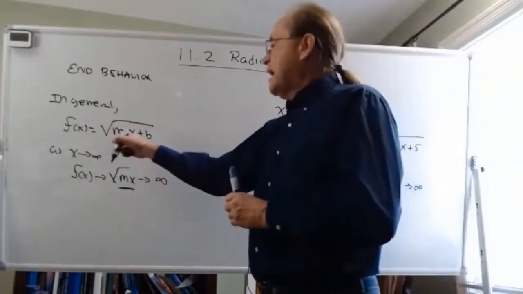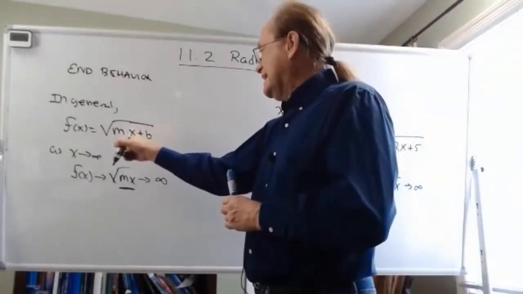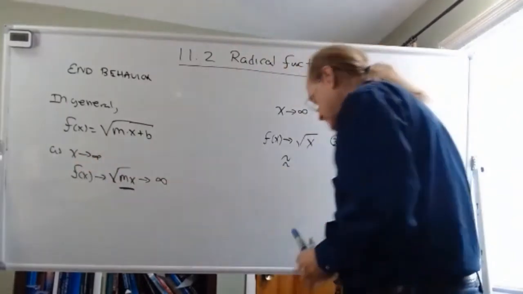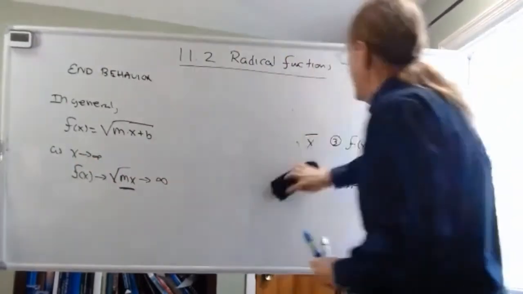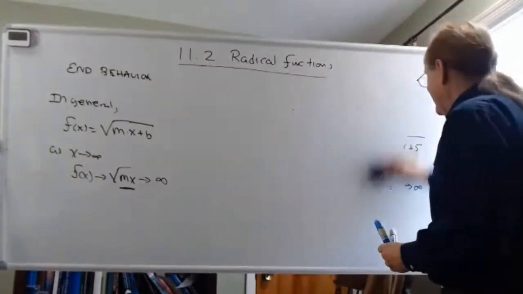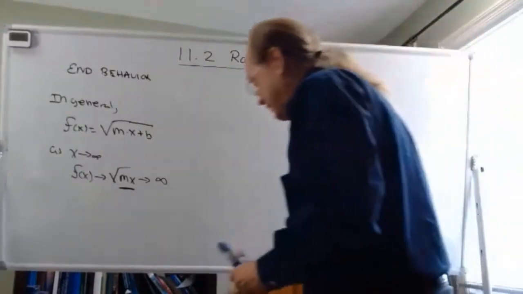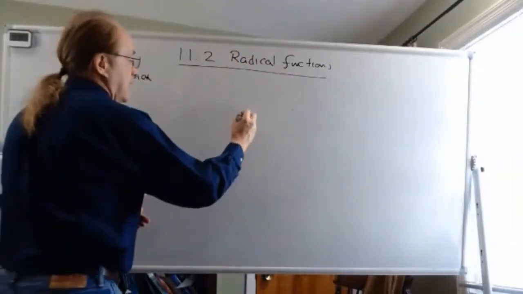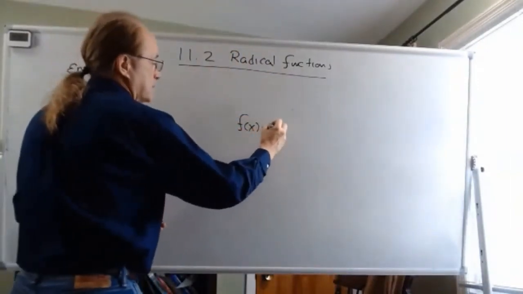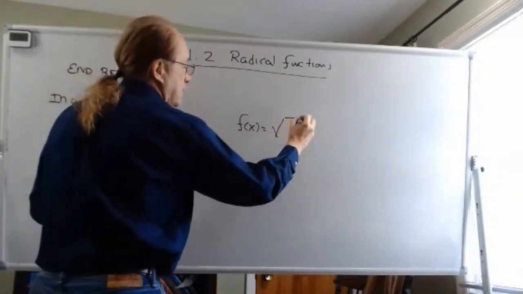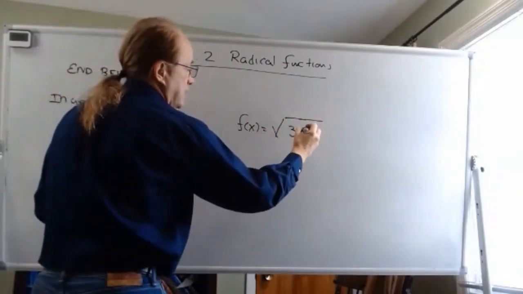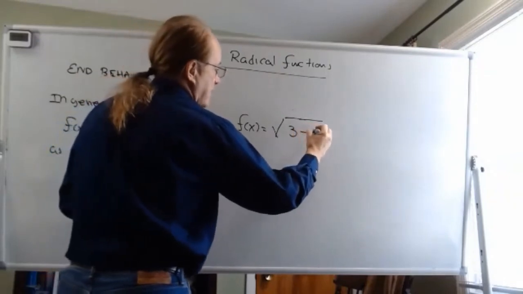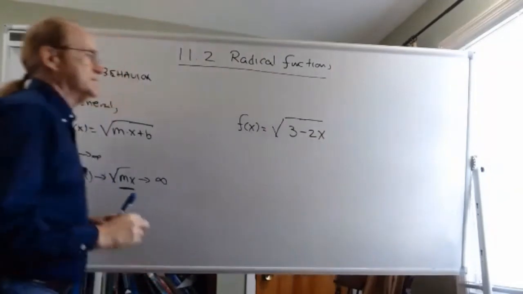Now, if m happens to be negative, then x has to go to minus infinity. Let me just show you that. For example, let's show what happens for another possible case. So let's take a look at f of x is equal to the square root of 3, and we're going to be subtracting, in this case, 2x.